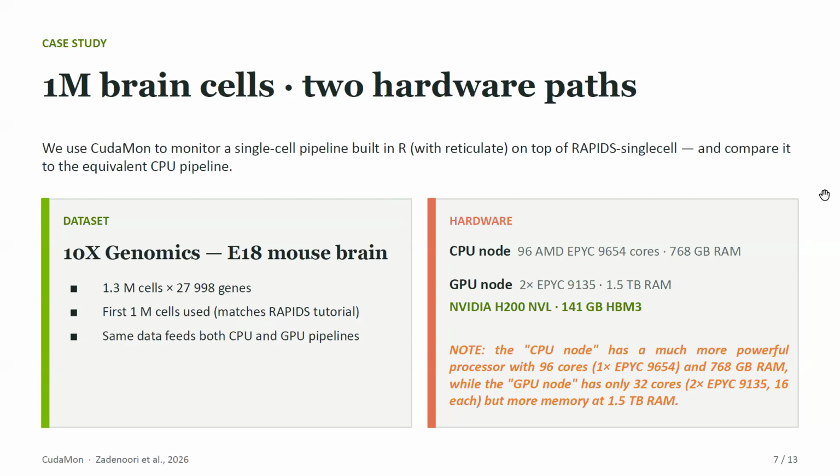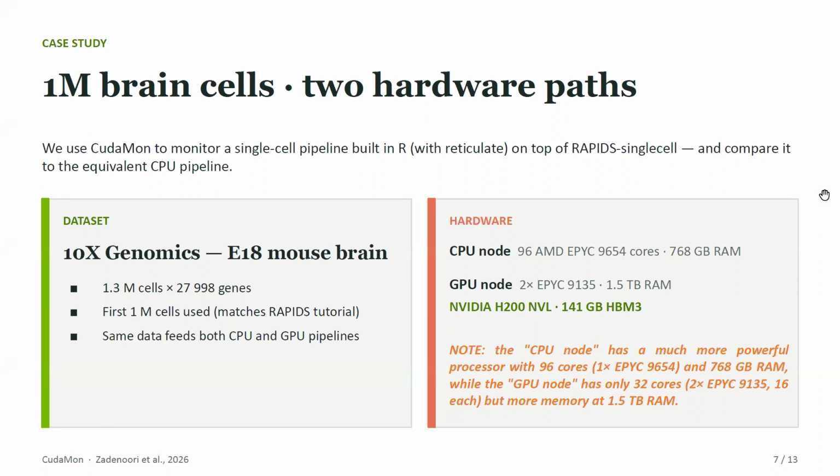We ran the CPU workflow on the CPU node of the HPC server that we have in our lab, to be sure that no GPU is utilized while running the code, and that it is 100% run on CPU. For the GPU node, we have one of the best current NVIDIA GPUs for HPC servers, the NVIDIA H200, which has 140 gigabytes of RAM.